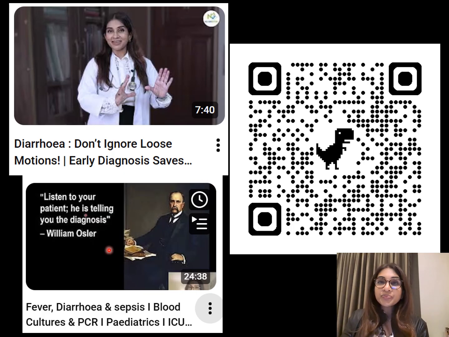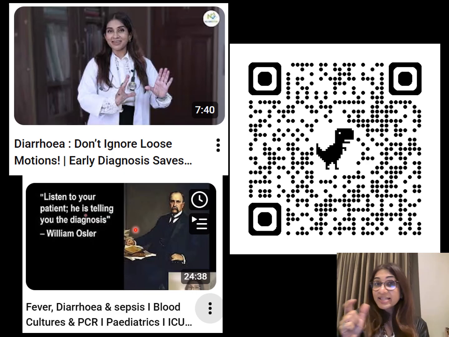Another very close relative of mine presented with fever, acute diarrhea, septic shock with liver function test abnormality. When we carefully listened to him, he did mention that before the onset of the fever as well as the loose motions, he had eaten chocolate fudge, which was transported from Bangalore to Banaras.